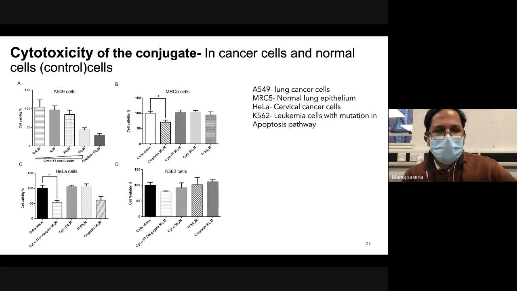If this pathway is blocked and our conjugate is acting through this pathway, we expect to see no cell death. And when we compared, we found almost 100% viability in the K562 cells treated with the conjugate, further validating that this conjugate system was acting through the apoptotic pathway.